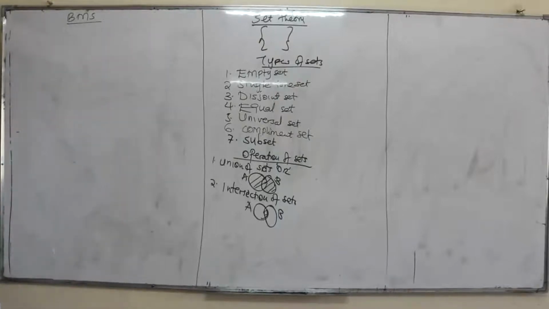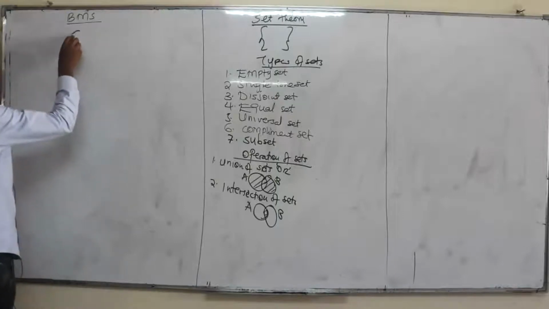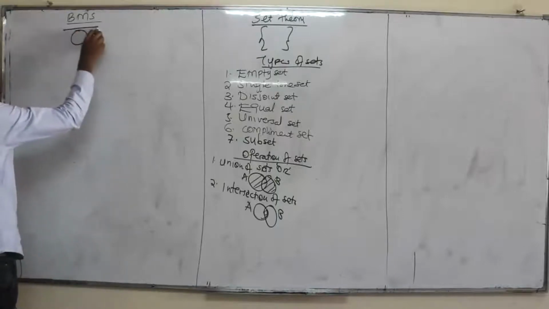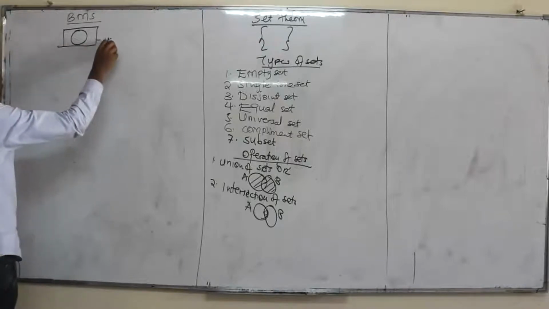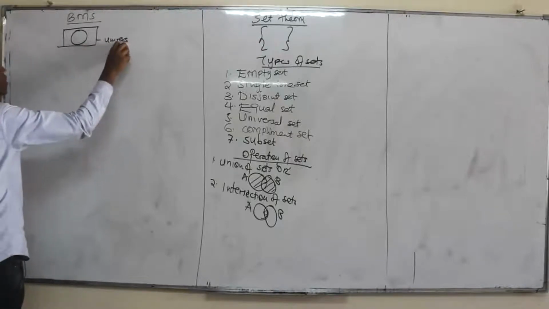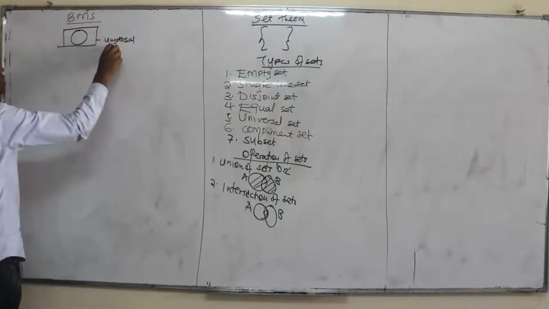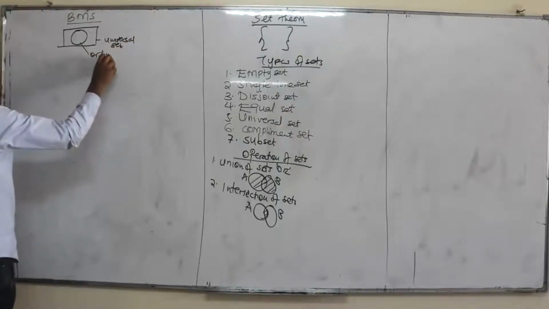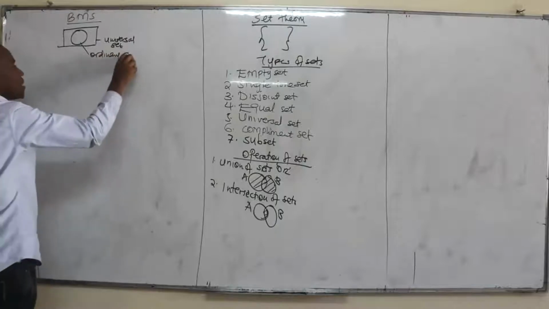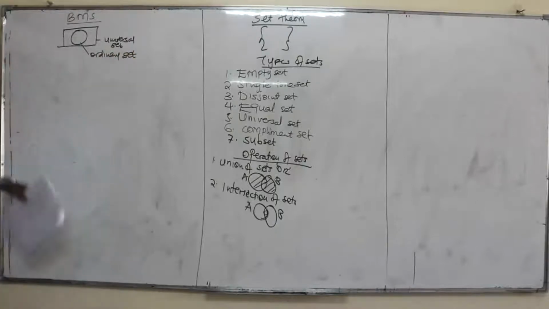A Venn diagram in this case will have an ordinary set, and then we'll also have the universal set. This is the universal set, and that is the ordinary set.